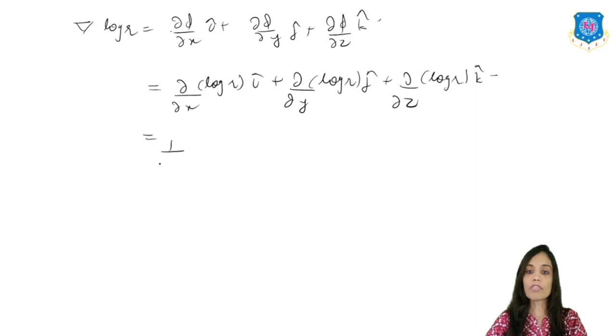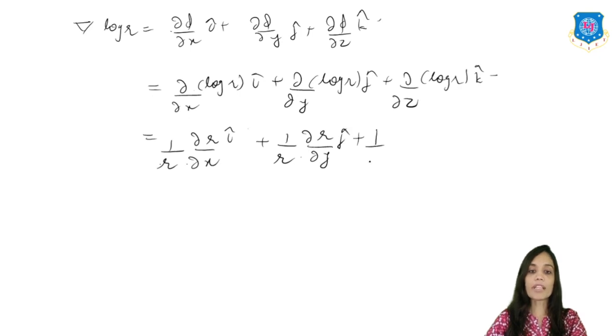So this will be 1 upon r into what we have to put? Del r by del x i cap, because r is a function of x, y and z. Similarly here it will be 1 upon r del r by del y j cap, and here it will be 1 upon r del r by del z k cap. We know the answer of these three quantities, right?